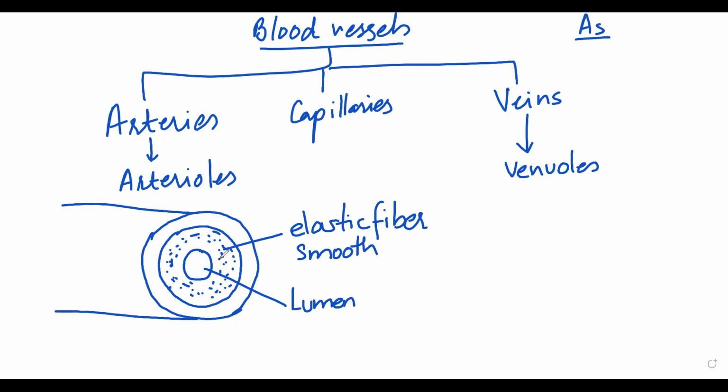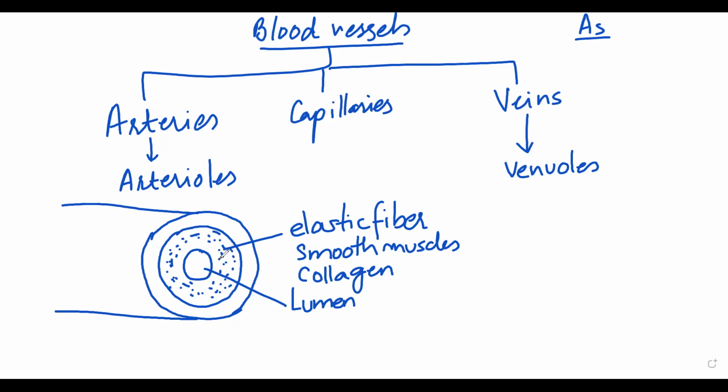So they have three different types of tissues in it: elastic fibers, smooth muscles, and the third one is collagen fibers. Collagen is a fibrous protein that provides more strength to an artery so that it does not collapse when there is high pressure in the artery.